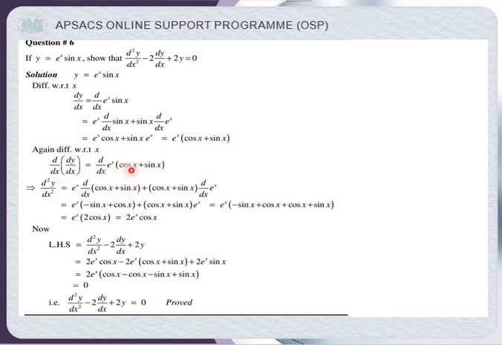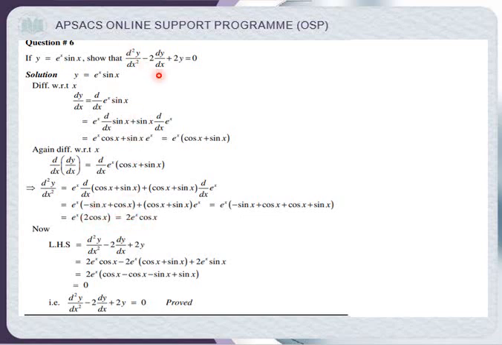Now you can see u into v is applied again: u times v derivative plus v times u derivative. e to the x is common, so minus sin x plus cos x plus sin x remains. So 2 e to the x cos x is the second derivative answer.